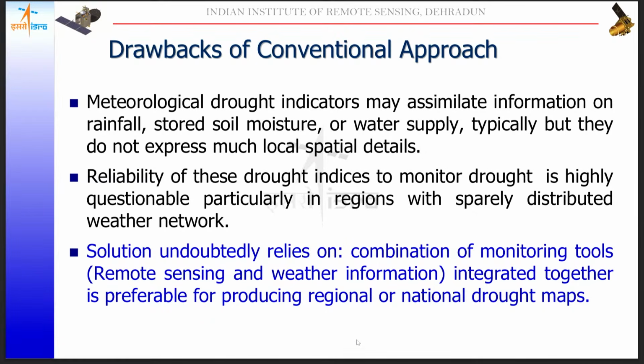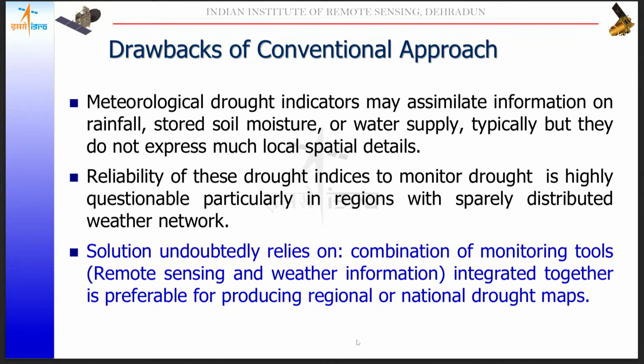But this is all on the basis of rainfall data sets, and those rainfall data sets are mainly observed by rain gauges, ordinary or automatic, which are location-specific or point-specific. That may create a limitation in understanding the spatio-temporal variability of the parameters or the drought conditions in a specific area.